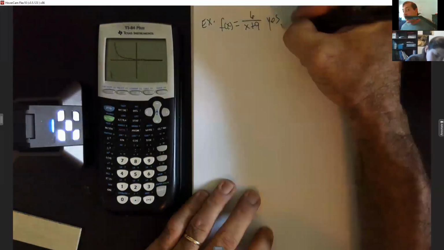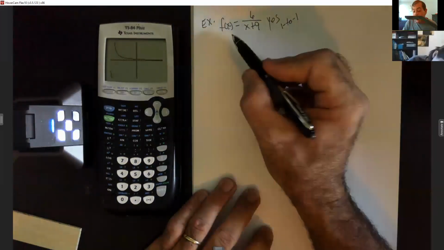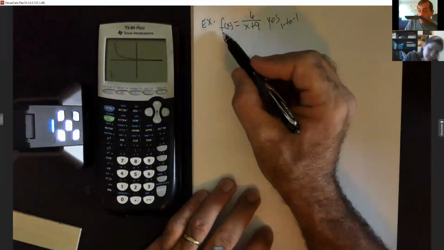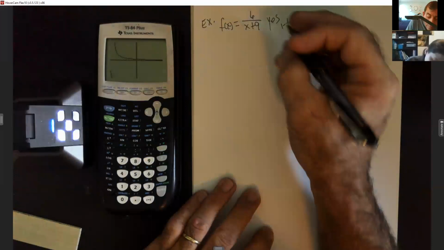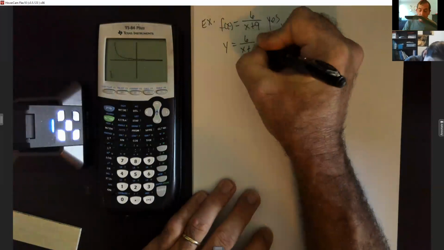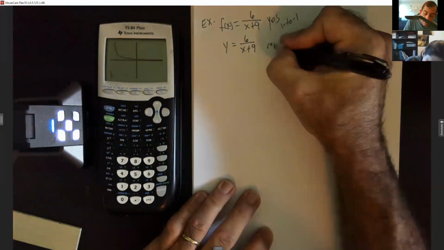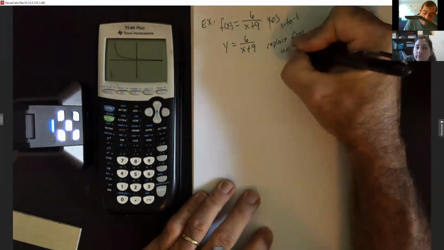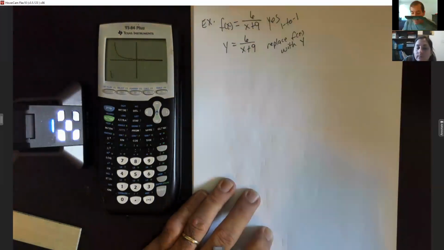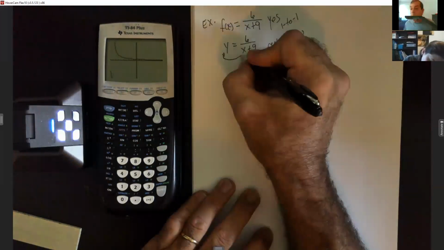we're going to find the inverse. So this is going to be a little trickier, y'all, but we're going to start out by replacing the f of x with a y. And then I'm going to switch that x and that y.